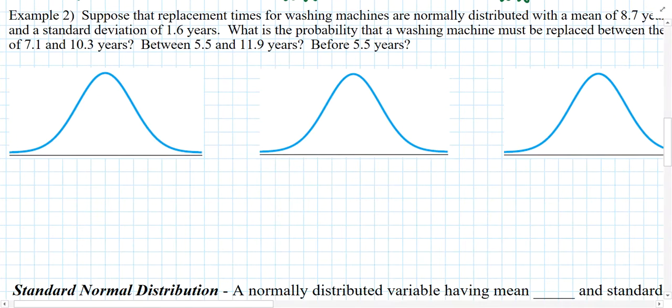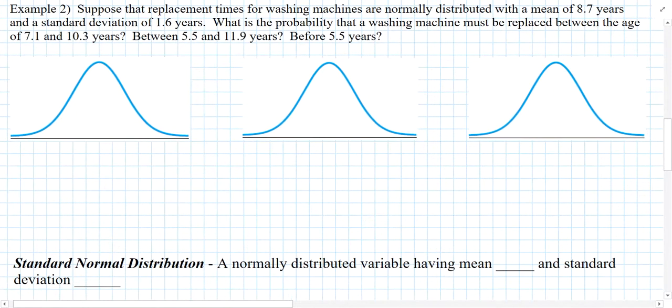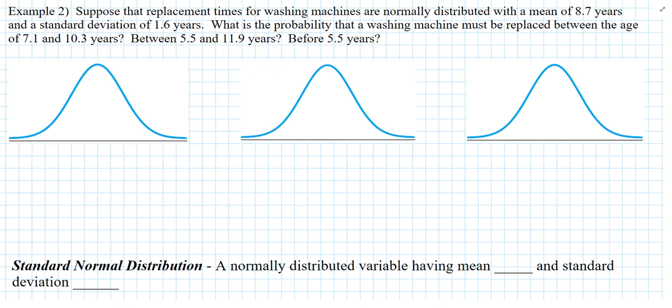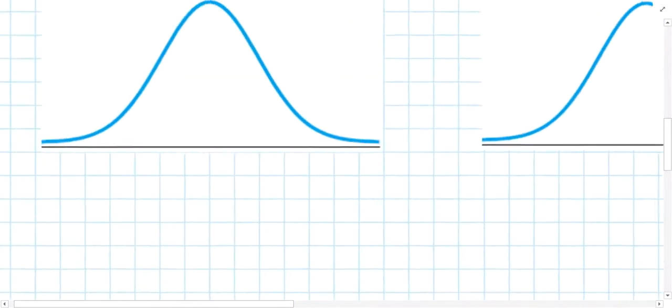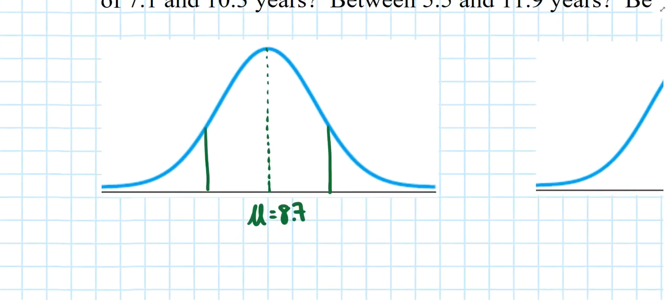Example 2. Suppose that the replacement times for washing machines are normally distributed with a mean of 8.7 years and a standard deviation of 1.6 years. What is the probability that a washing machine must be replaced between the age of 7.1 and 10.3 years? Coincidentally, 8.7 plus 1.6 is 10.3, and 8.7 minus 1.6 is 7.1.